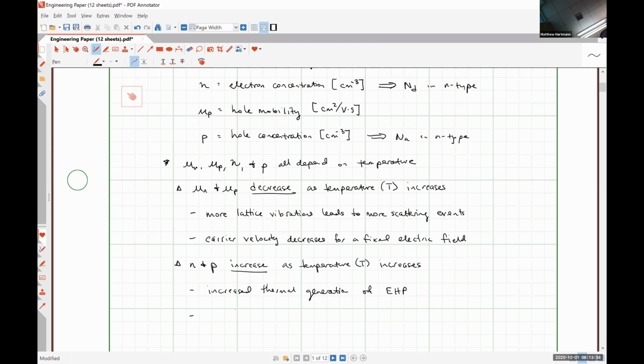We see that more electrons are able to move from the valence band to the conduction band, leaving behind holes.